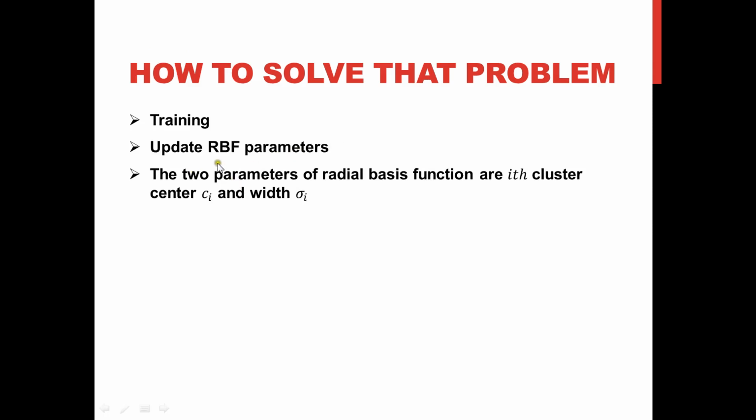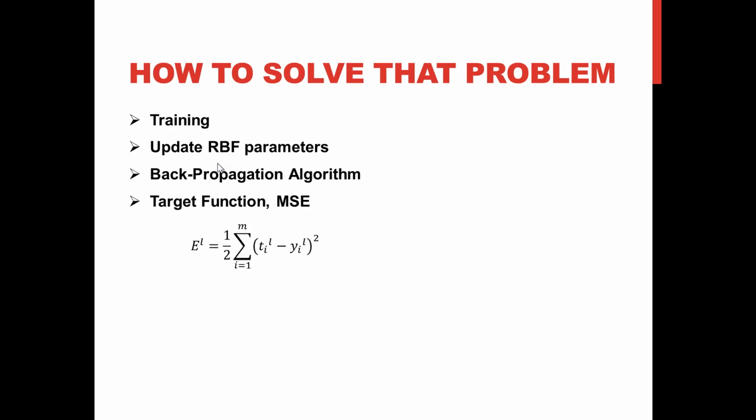After updating W, we need to see how to update the RBF parameters. The two parameters of a radial basis function are the ith cluster center Ci and the width sigma i. We need to apply the back propagation algorithm, which means we need a target function.